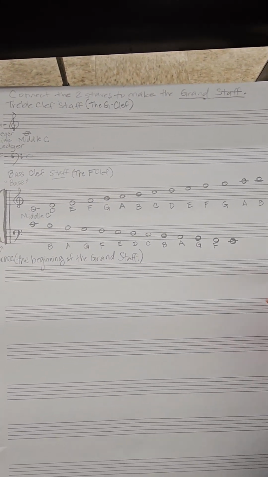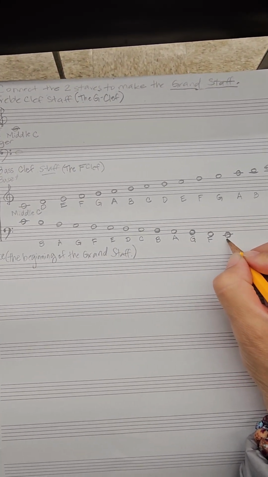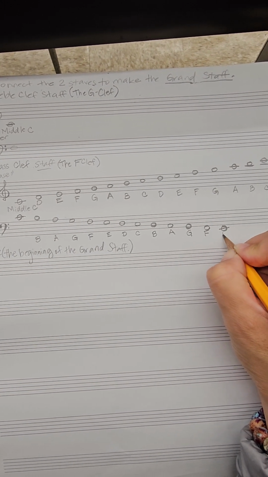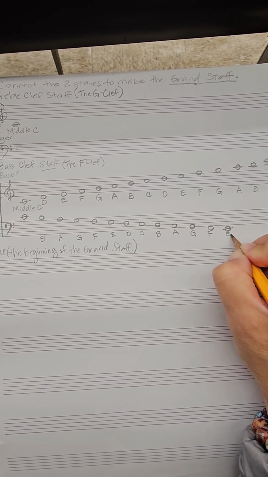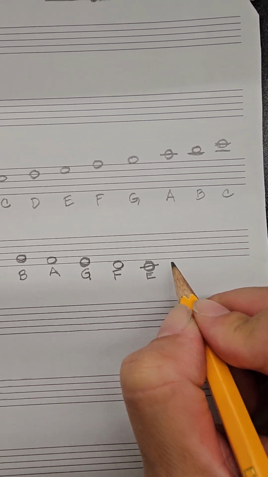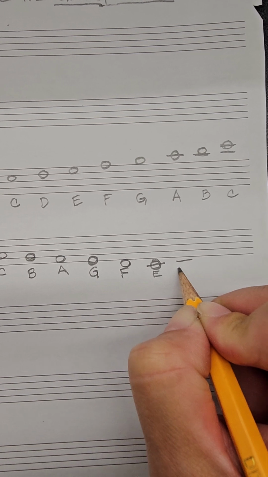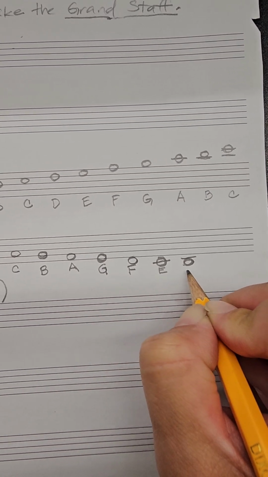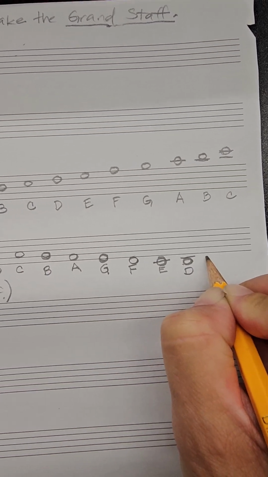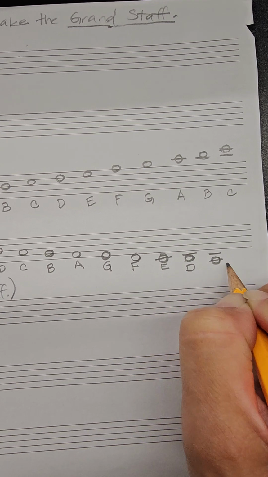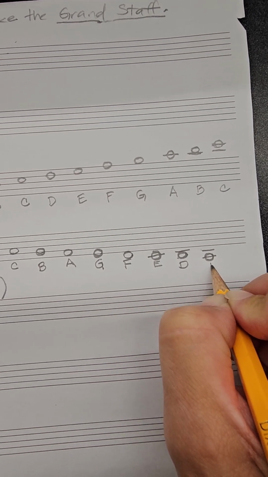Since we know we're going backwards in the alphabet, what comes before F? E. So that would be E. And then we go down to the space after that, that would be D. And then we go on the second ledger line below the staff. So that would be C.